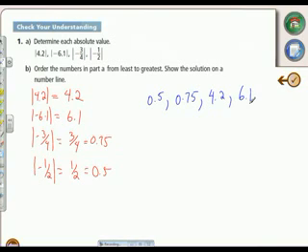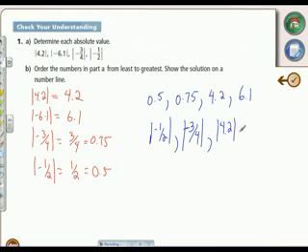So going back to there, the absolute value of negative 1/2 is first, then absolute value of negative 3/4 is second, then the absolute value of 4.2, and then the absolute value of negative 6.1. Those absolute value signs are really just brackets with a little bit of information, meaning make it positive, distance from 0.